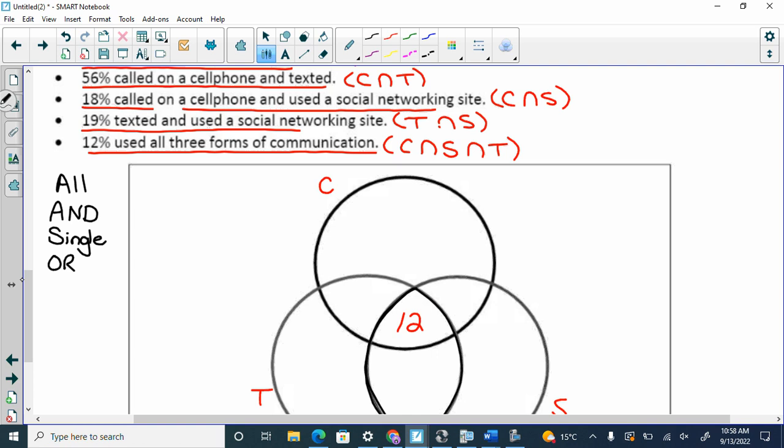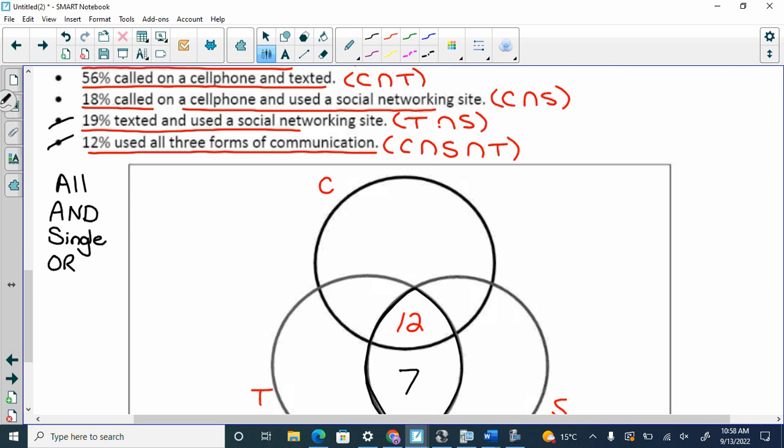Correct? Because that's only. It doesn't say that. It says 19 texted and used a social networking site. So that's the eyeball. I need to have 19 in the eyeball. How many are already in the eyeball? 12. So how many have only? 7. So 7 texted and used a social networking site only. Or texted and used social networking but not a cell phone.